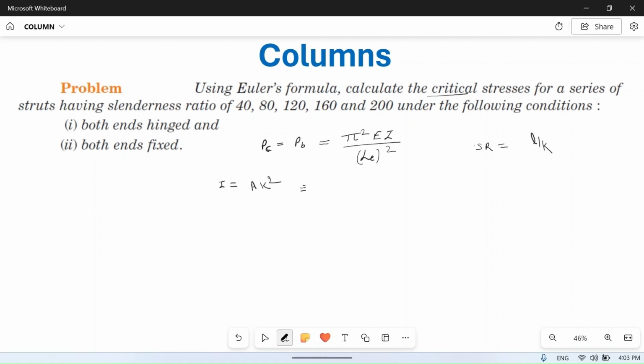So we will put this value in this equation, and we will get pi square E A K square by L effective square. So it will become pi square E A upon L effective divided by K, whole square. So this is the formula for P critical or P crippling load.